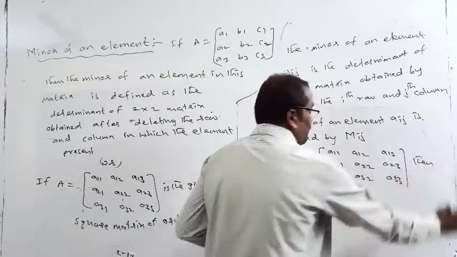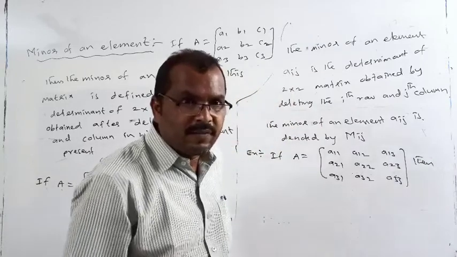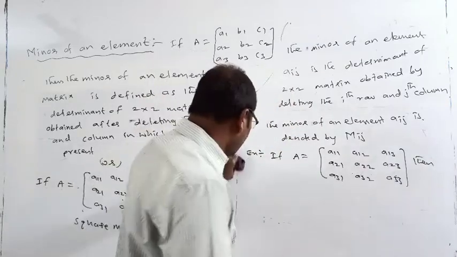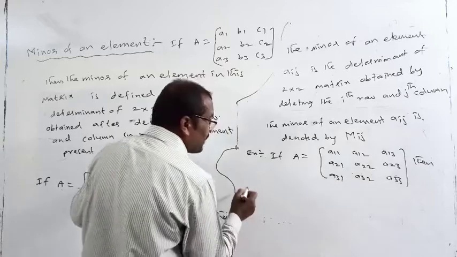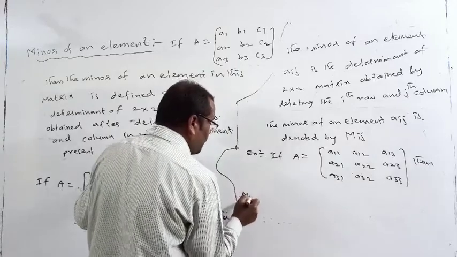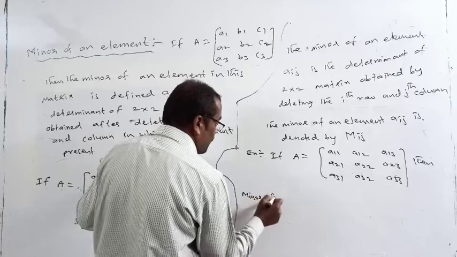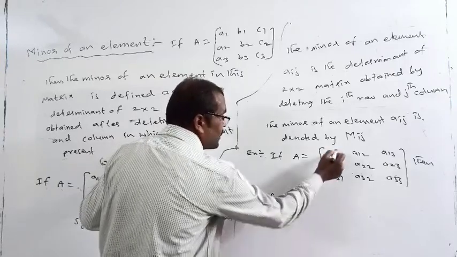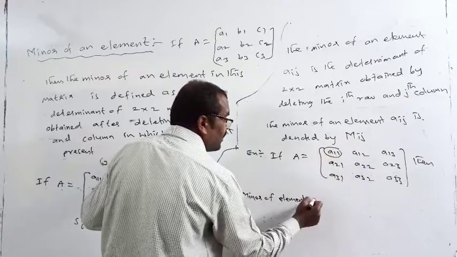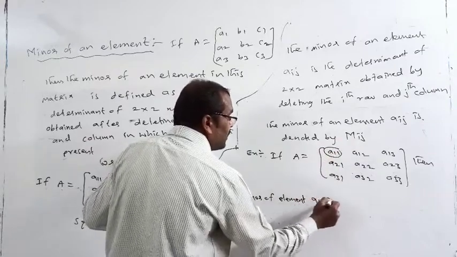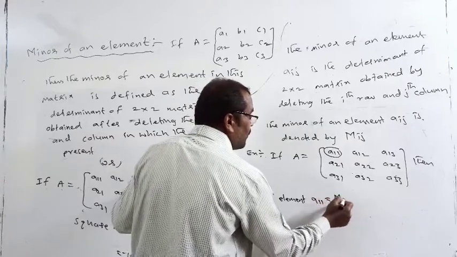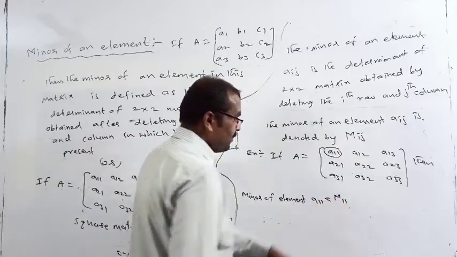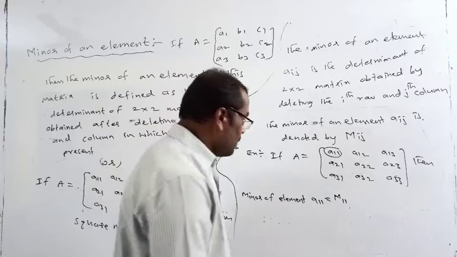Then I am writing the minor of each and every element. First, the minor of the element A11 is M11.